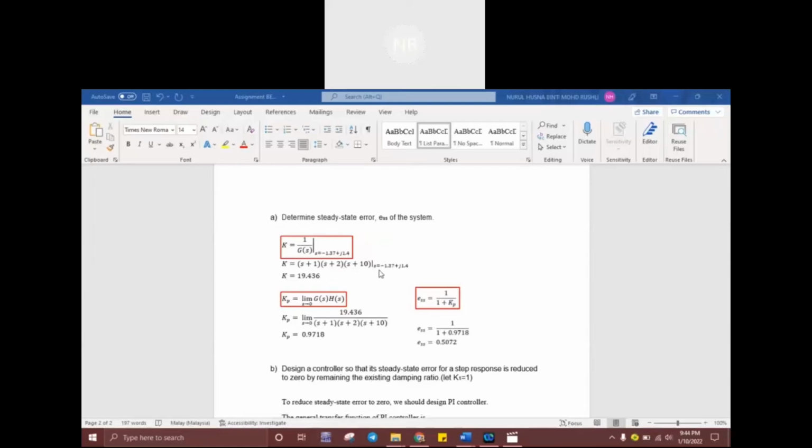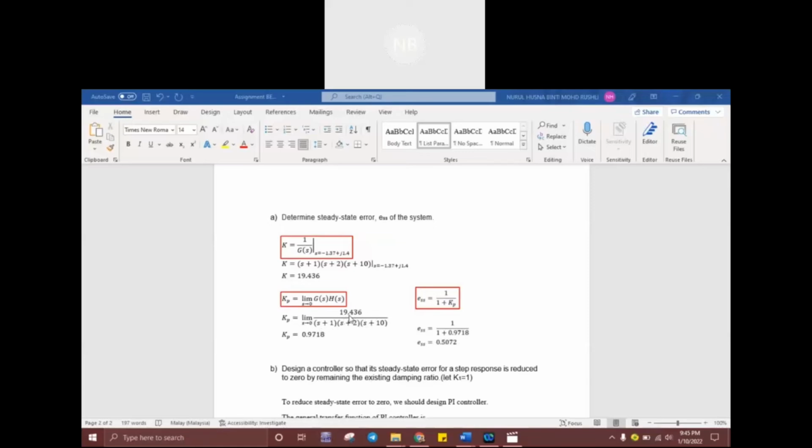We substitute the s value negative 1.37 plus j 1.4 into this equation, and we get K equal to 19.436.